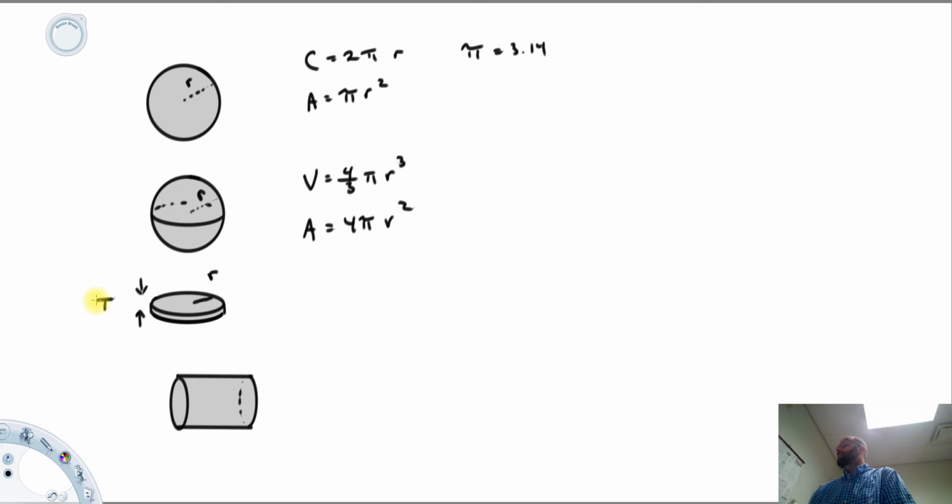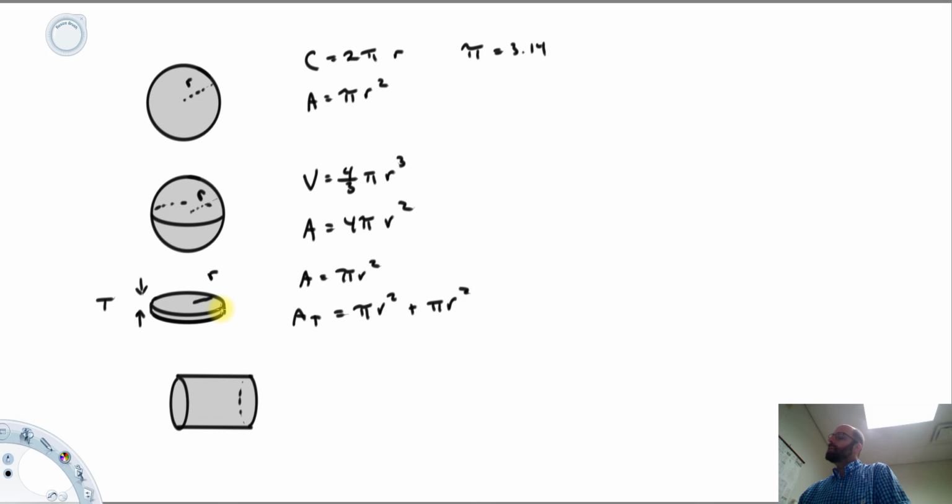Some common calculations here. Let's talk about the area of just the top of it. Just the top would have an area of pi r squared because it's a circle. The bottom also would have an area of pi r squared. Now, if we needed the entire surface area, we would need to add them together. I'll put area total. We would take a pi r squared for the top, another pi r squared for the bottom.